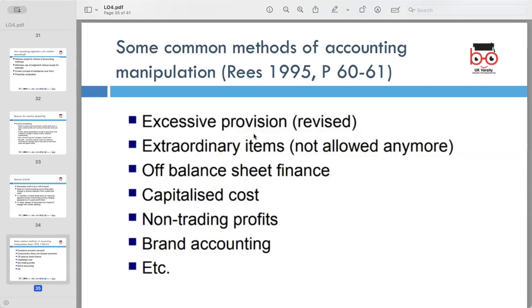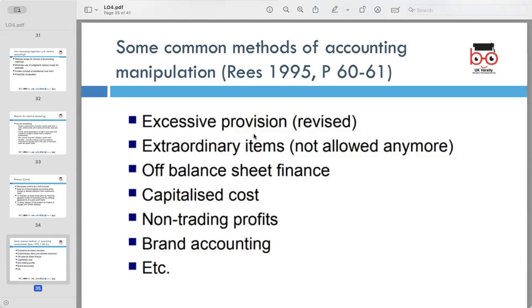Extraordinary items, not allowed anymore. Companies historically used extraordinary items to classify one-time events separately, potentially masking ongoing operational issues.